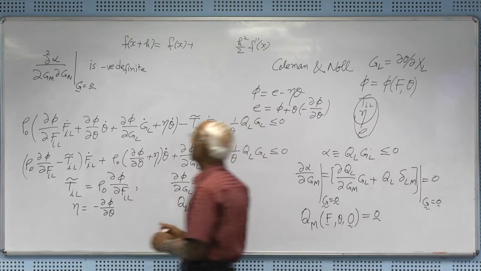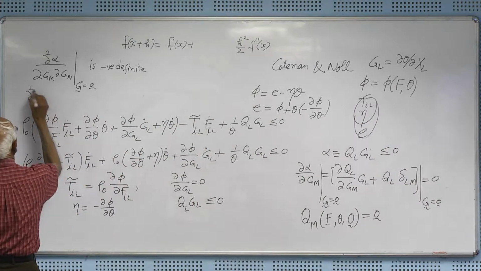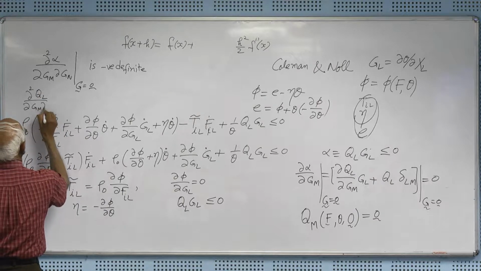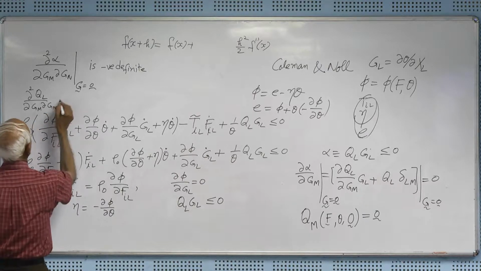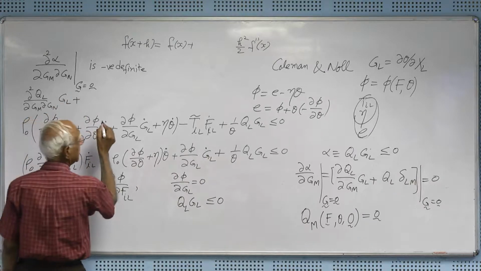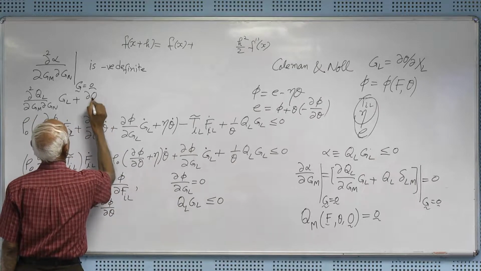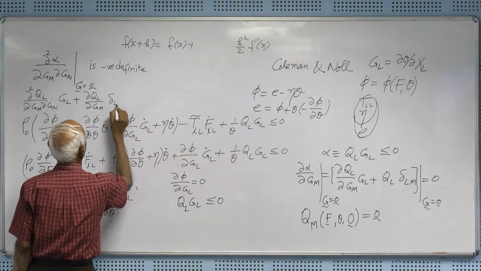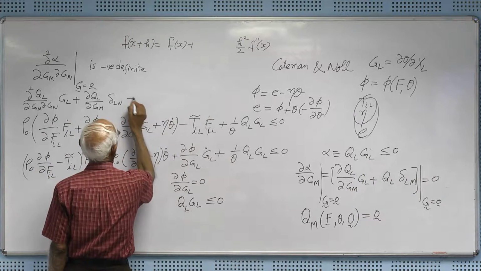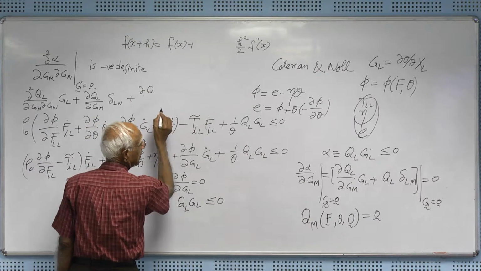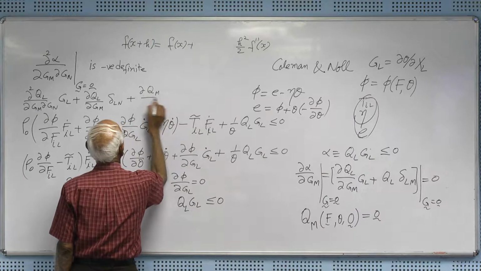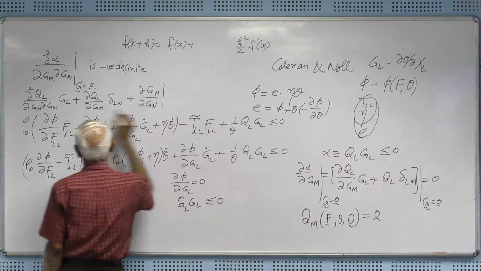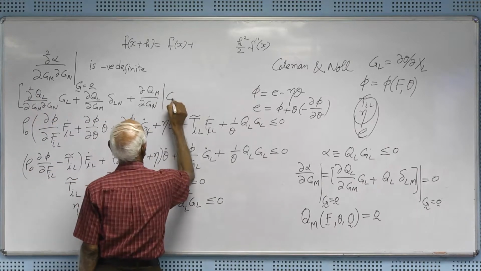So if we differentiate it again, we will get delta QL over GM GN GL plus delta QL over delta GM delta LN plus delta QM over delta GN, all of this evaluated at G equal to 0.